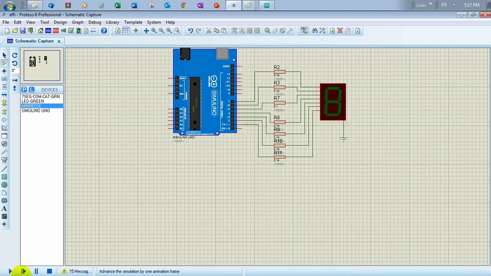How do we do that? Try to write the instruction and try to make the counter.